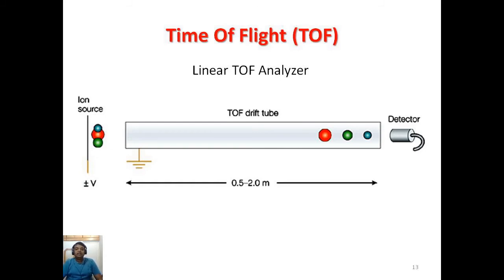Hence it prevents the problem of agglomeration as well as the problem of uneven mass ratios. The lower molecular weight molecules reach the detector first, and subsequently the higher molecular weight molecules reach it later, with the proper distance maintained by the TOF.